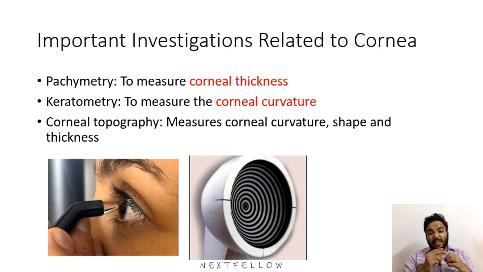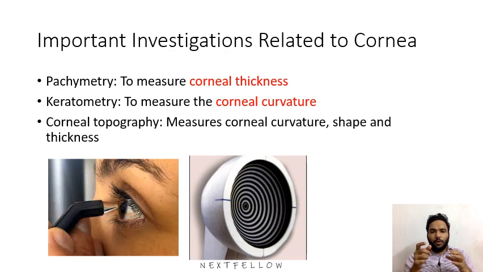When the thickness is less, the reading is underestimated. Let's say, for example, in this water bottle, if the thickness is more, the pressure will be overestimated, but in a balloon the pressure will be less. The thickness of the wall influences the measured pressure. That's the reason we check the corneal thickness.